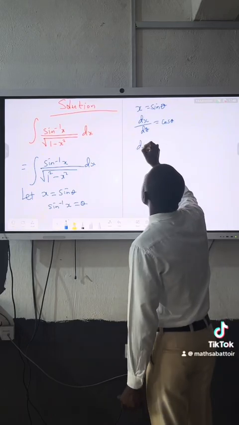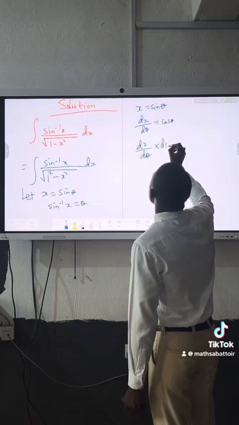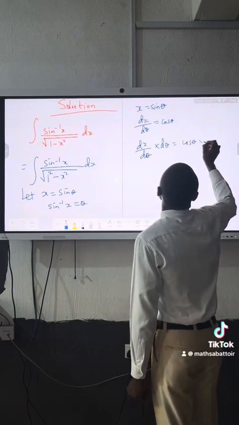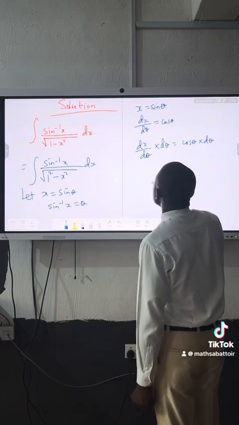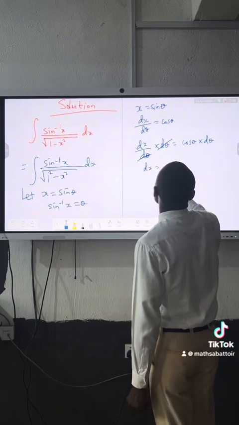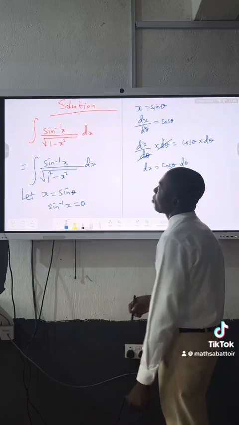So what I mean is, we have dx over d theta multiplied by d theta is equal to cos theta multiplied by d theta. That means this cancels this for you, and dx is actually cos theta d theta.